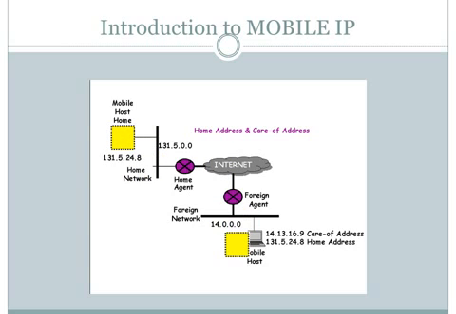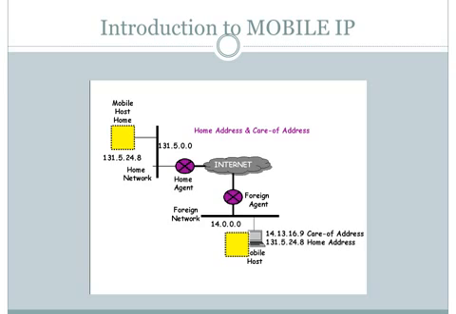You can see the animation. Here you can see the mobile station in a home network moving to a foreign network. There is a mobile station in the home network, it has moved to a foreign network.